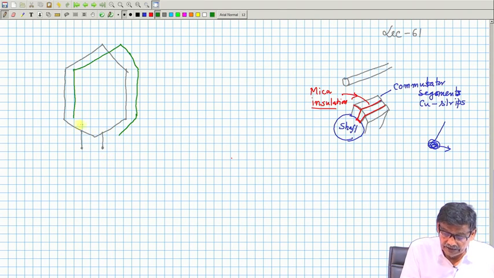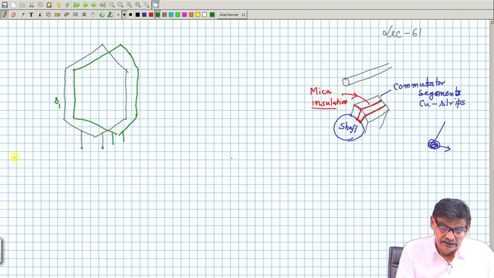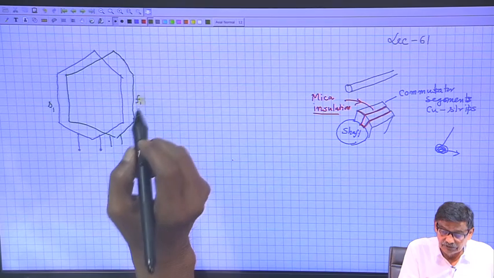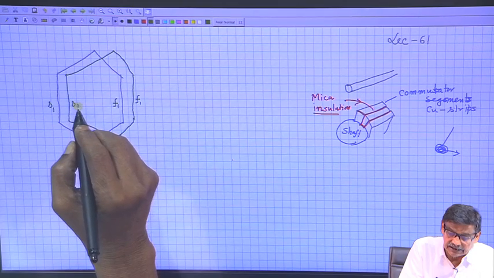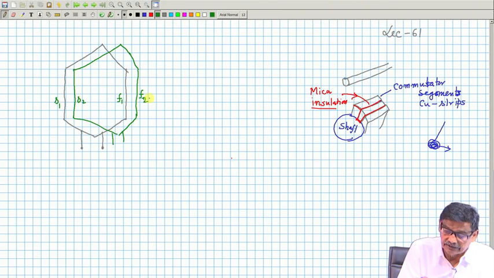So, first coil, and this is the second coil, this is the S1 and its return F1. In terms of slots, this is F1 and this is start of second coil, finish of second coil, correct.